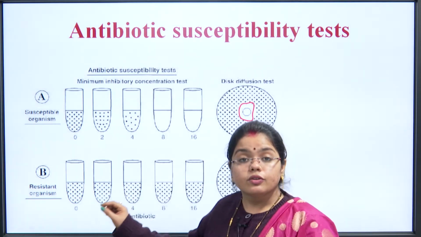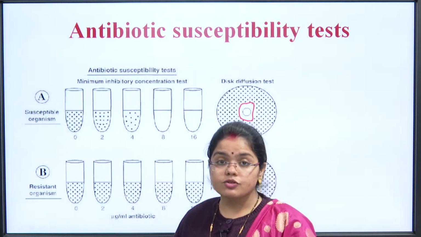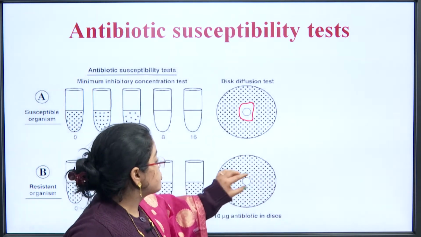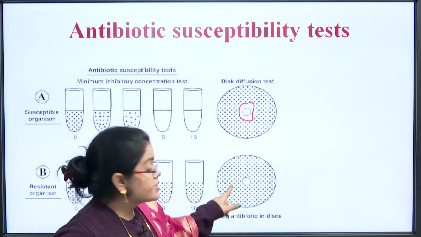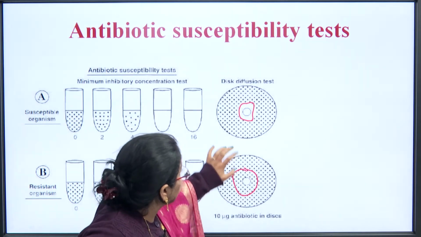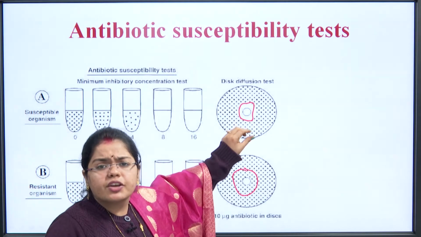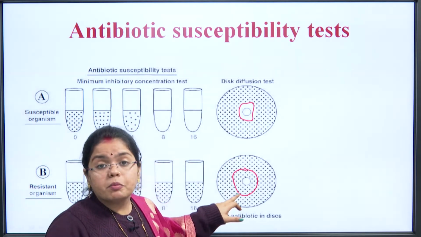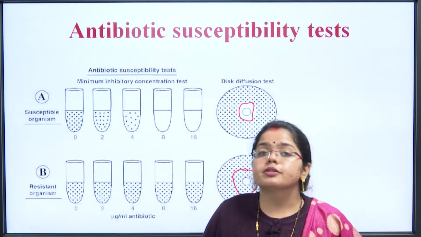That means the organism is not at all susceptible. दवा का उस ऑर्गेनिज्म पे कोई असर नहीं है. Now when we did the disc diffusion test, again we have made a hole in that culture media, we place the antimicrobial agent into it, but you can see in this area, you can compare now. Here the cells are very reduced or absent from that area. Here the cells are present, that means the organism is completely resistant to it, unaffected by the presence of the antibiotic.